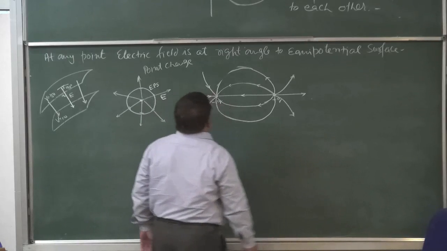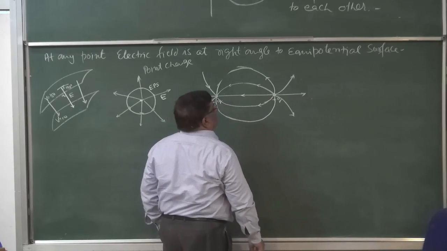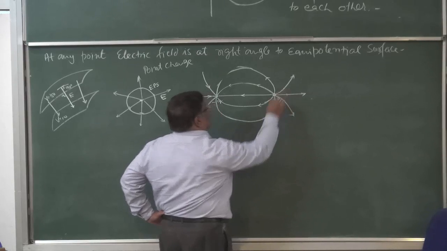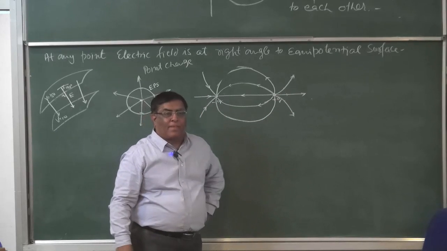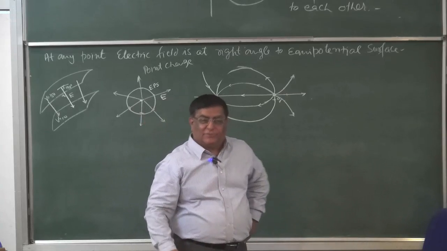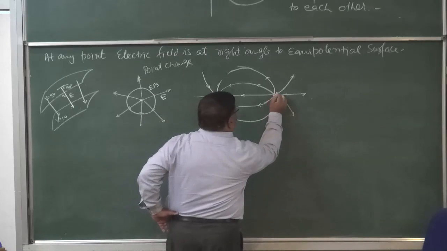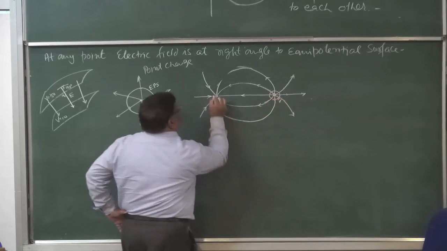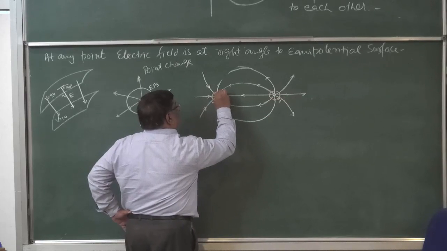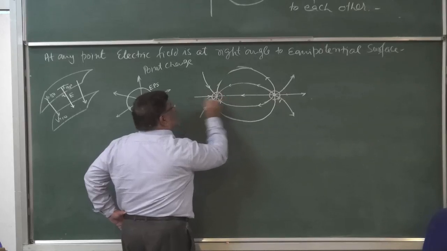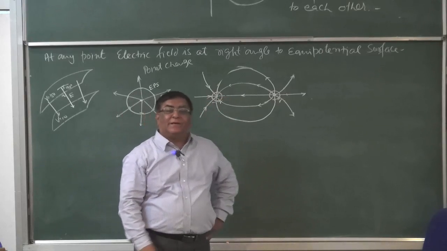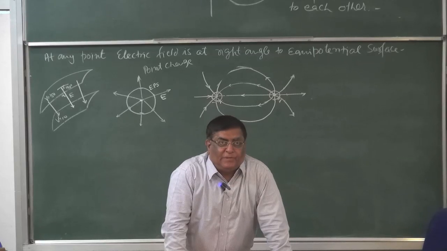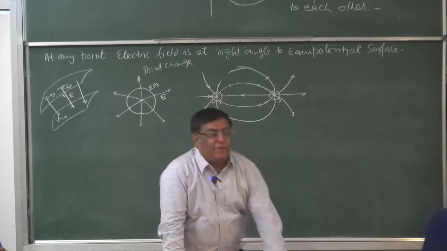See here, plus minus. 90 degree to this, 90 degree to this, 90 degree to this will be the equipotential surface. This is the equipotential surface, but now at an equipotential surface the potential should also be the same.